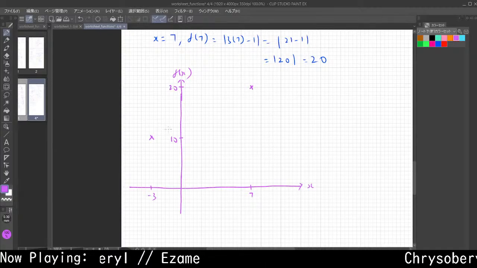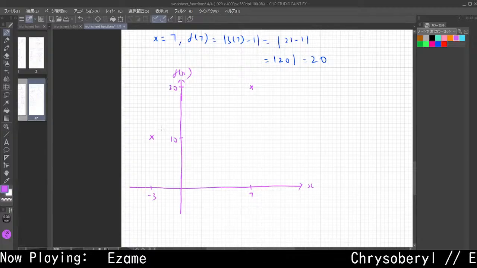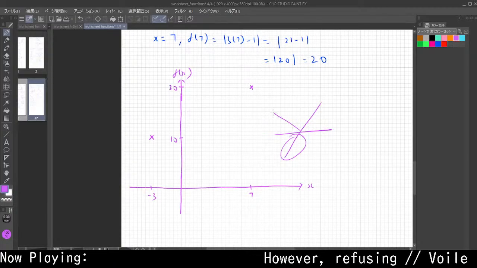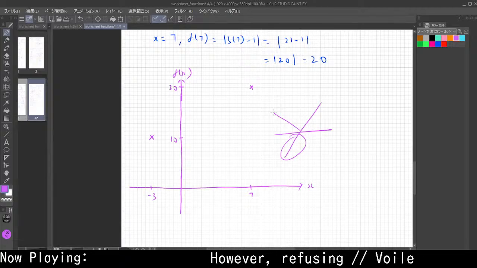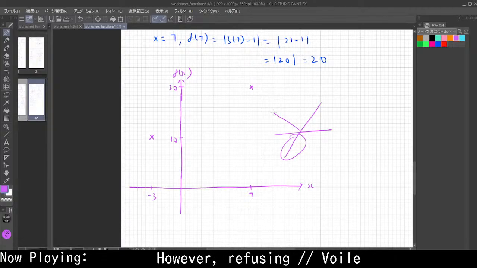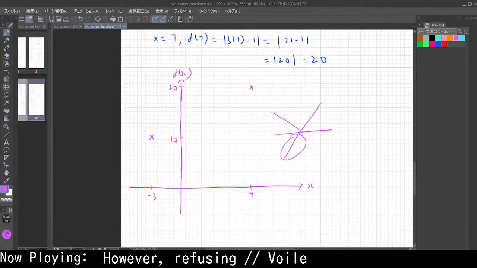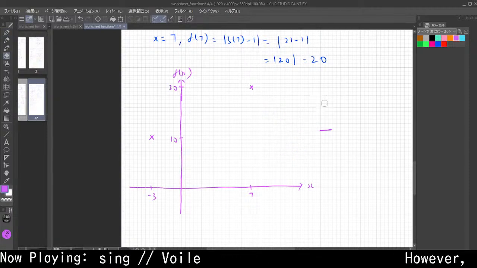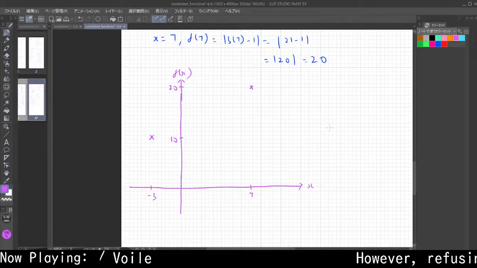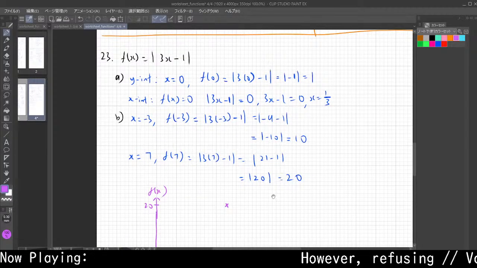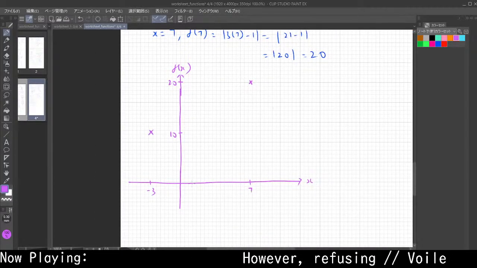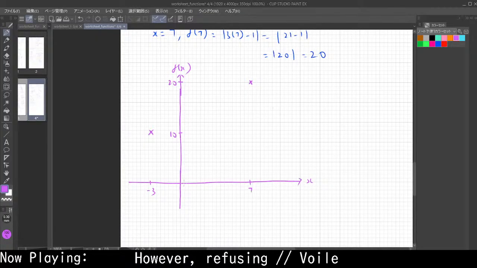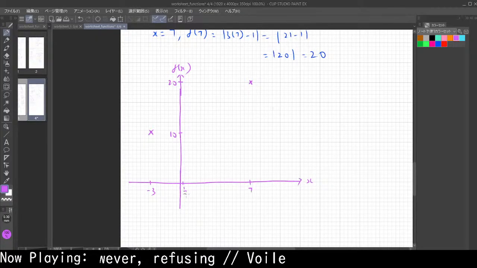Since it's originally a straight line, this portion just bounces back up if you apply a negative sign to it. So this graph will touch the x-axis no matter what. The x-intercept is at 1/3. By my calculations, it should be somewhere around here.